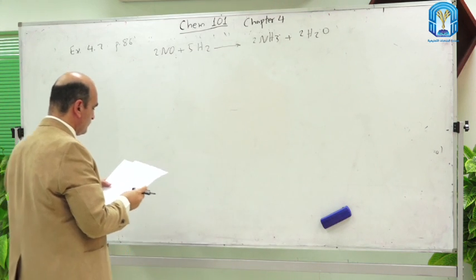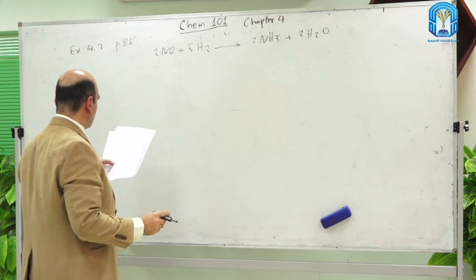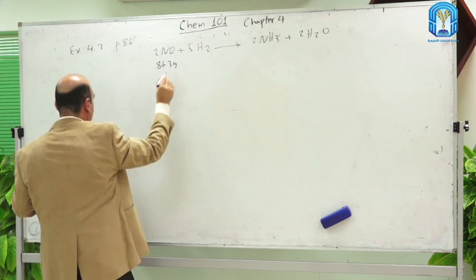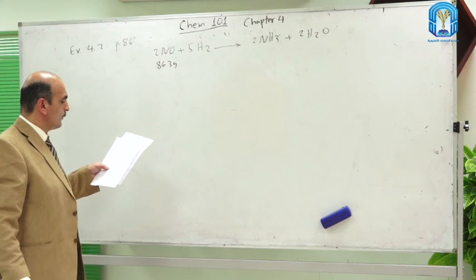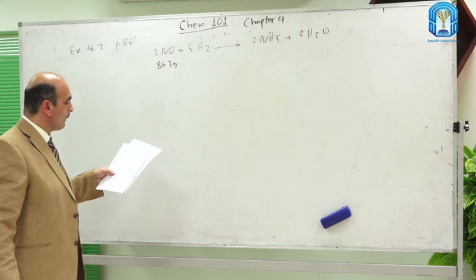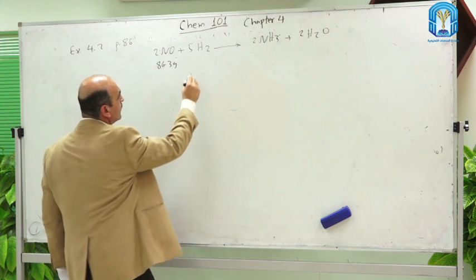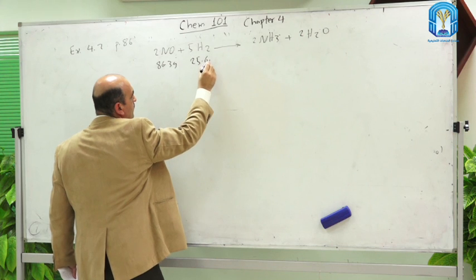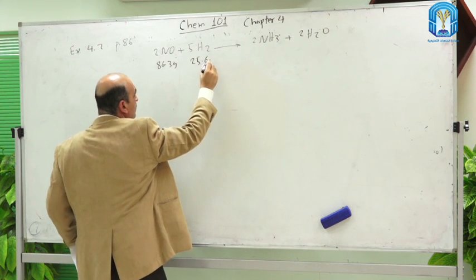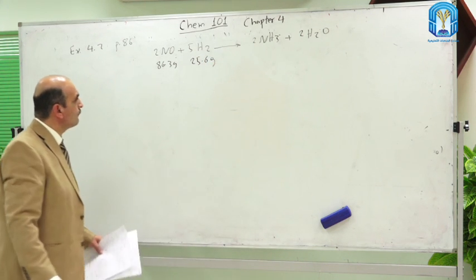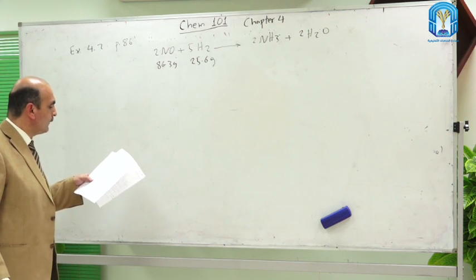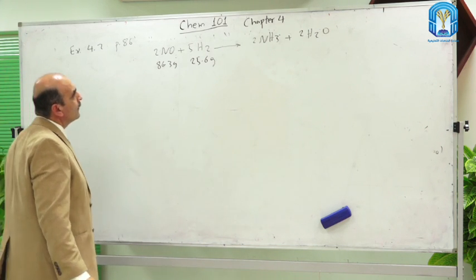And it says we have 86.3 grams nitrogen monoxide, and 25.6 grams of hydrogen react to produce ammonia. And we need to find the theoretical yield.